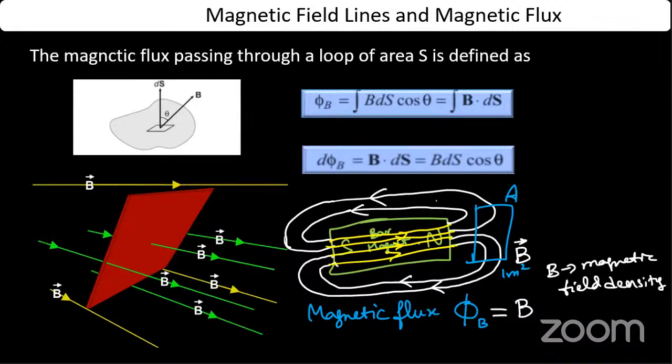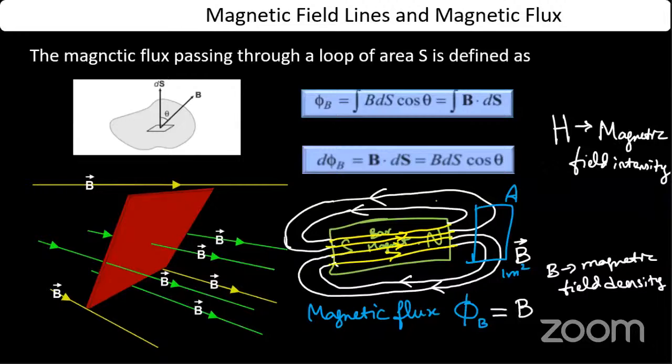B is called the magnetic field density, and there is also something called H. What is H, guys? Yes, H is magnetic field intensity.